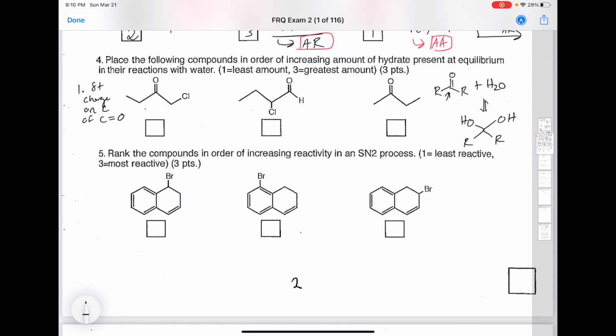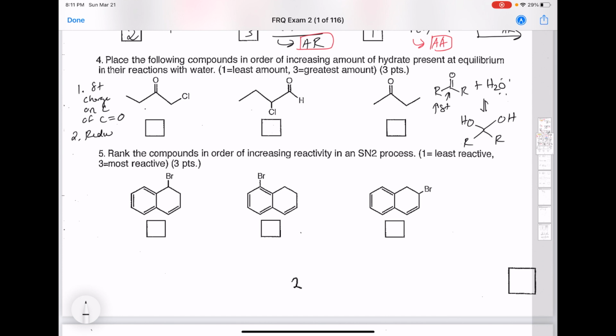So this carbon right here, we can increase the partial positive charge because this reaction happens when the oxygen of the water molecule attacks this carbonyl carbon. That's how it is initiated. So if we're able to increase the electrophilicity of this particular carbon, then we're able to cause the reaction to increase the reactivity and thereby shift the equilibrium to the right.